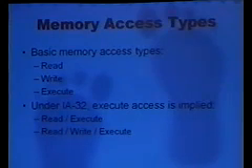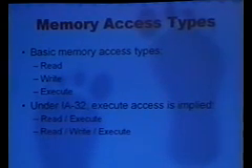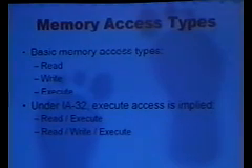We have three basic memory access types that I'm sure everyone is familiar with. We have read, write, and execute access. One thing that's kind of interesting is that under the Intel architecture, we really don't have discrete read, write, and execute access. We actually have only two access types: read execute access and read write execute access.